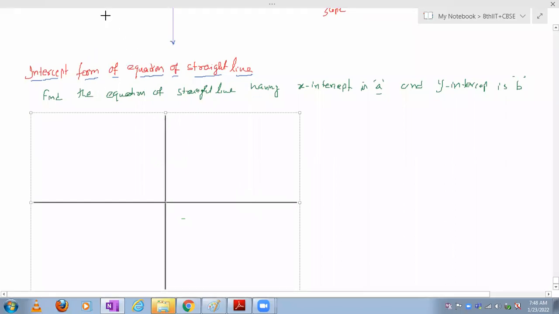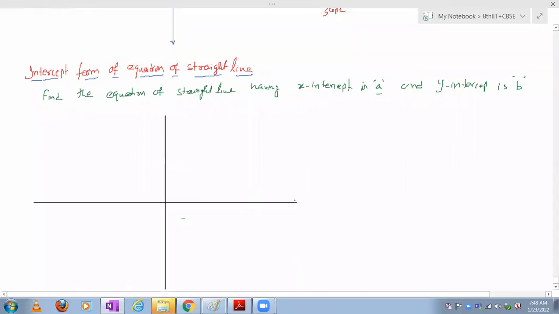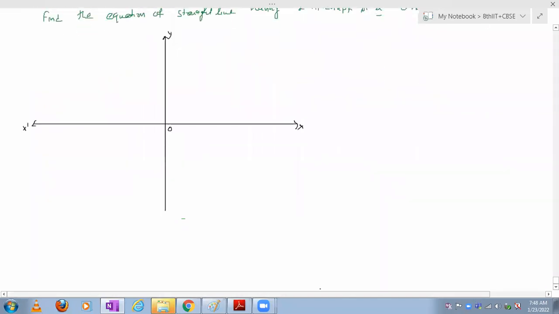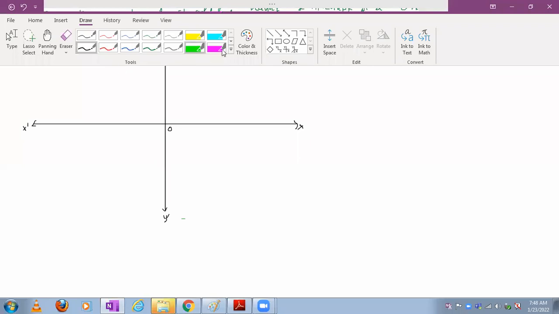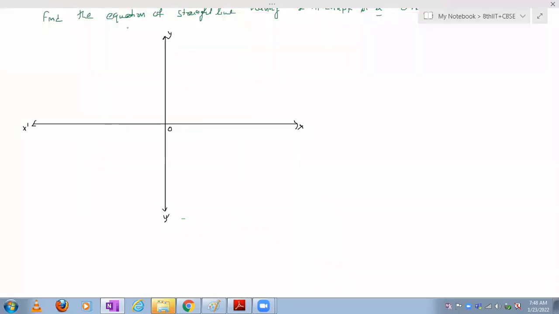Both the x-axis and the y-axis intersecting each other at the origin O. This is x dash, this is y, and this is y dash, right? Now there is a straight line passing through like this.